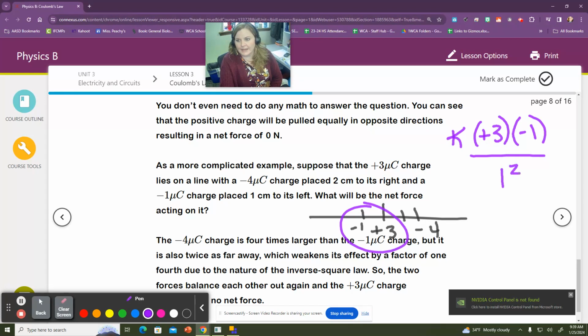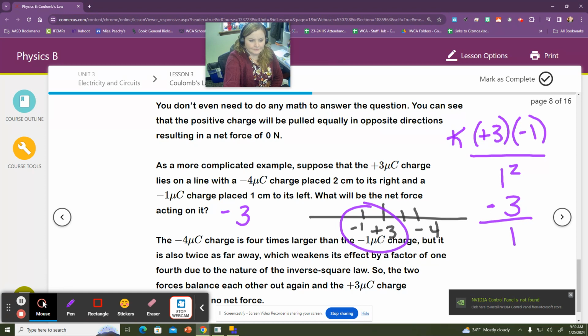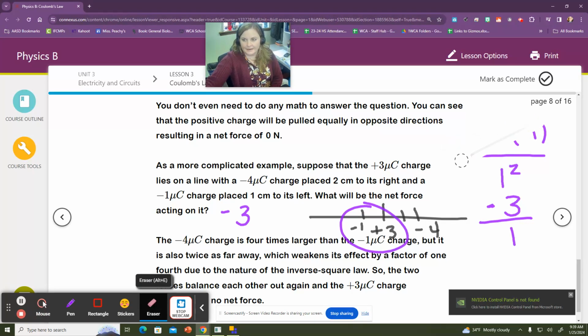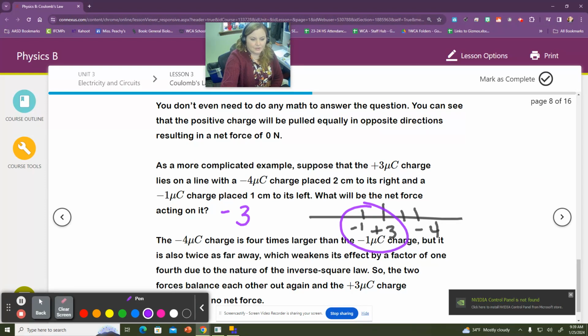So +3 times -1 is -3, and 1 squared is 1, so -3 divided by 1. The force between these two is -3, okay?